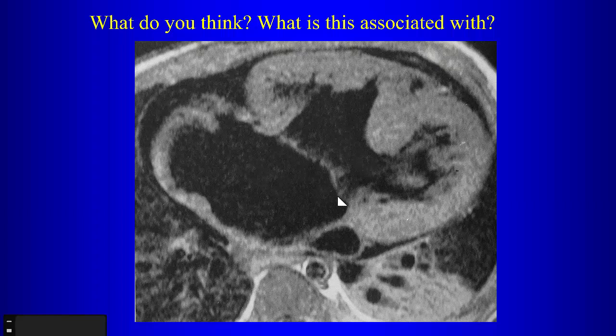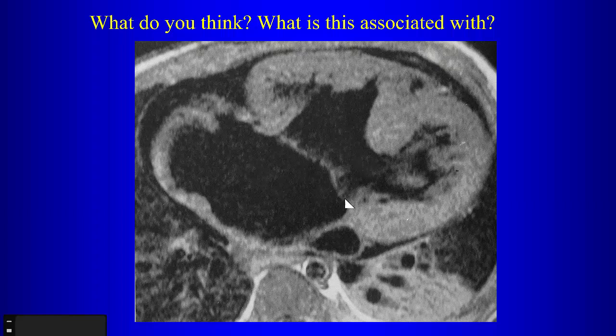This is one large common bridging valve between the atria and the ventricles. What is this disorder? Anybody? AVSD. It's a complete endocardial cushion defect, right? This is a complete endocardial cushion defect.